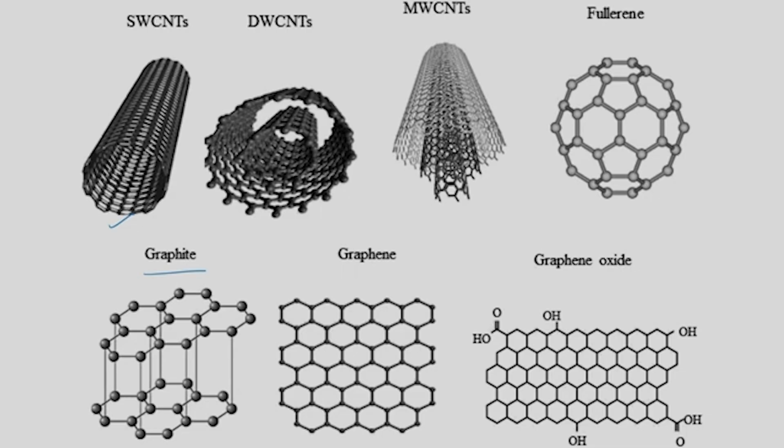Even quantum dots, which I have not included here, which are 0-dimensional objects, had been discovered. 3-dimensional graphite was discovered really long back. Then these CNTs, the carbon nanotubes, are like rolled objects, quasi 1-dimensional objects.